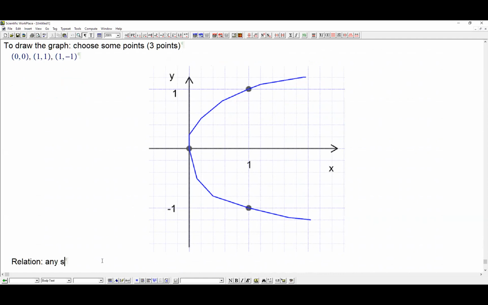Any set of points describing... Actually, I haven't looked at the exact mathematical definition of relation.